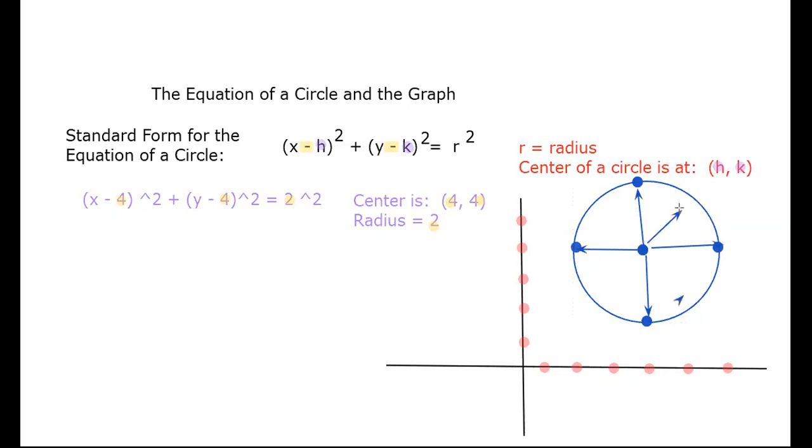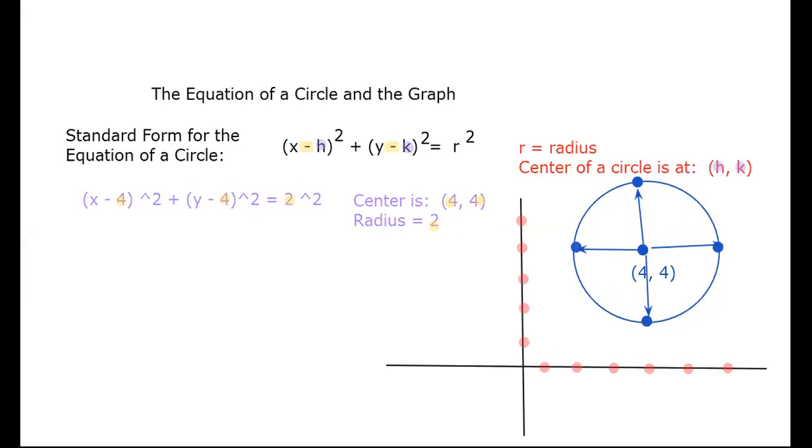Now also this is 2, this is 2, and this is 2, but those points aren't going to help me because I didn't have a ruler in my hand and I can't tell you exactly 2 over. But I could get those 4 points exactly because the radius is 2, which is right in my equation. All right. That circle was centered at (h, k), which is (4, 4), because h was 4 and k was 4. And the radius was 2.